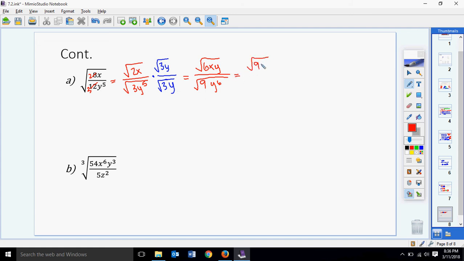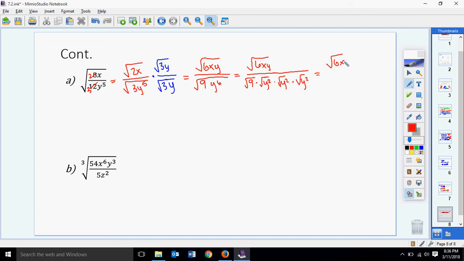Let's keep working on simplifying our denominator so that it doesn't have a radical. Oops, that's supposed to be a 6. Remember, that's our goal, no more radical in the denominator. So let's break this up into the square root of 9. And I'm going to break up y to the 6 into y squared times y squared times y squared. Remember, those would give me back to y to the 6, and they're all underneath the square root here.